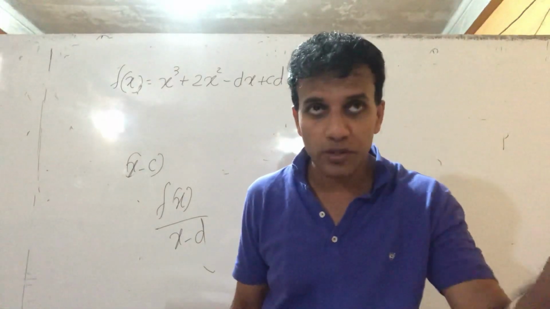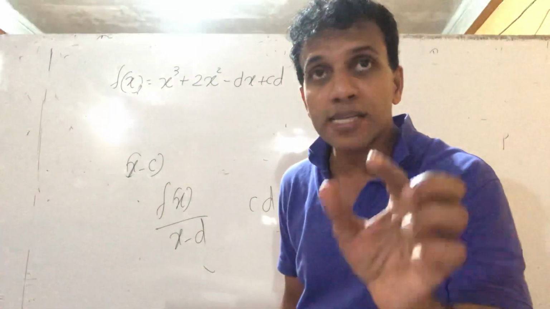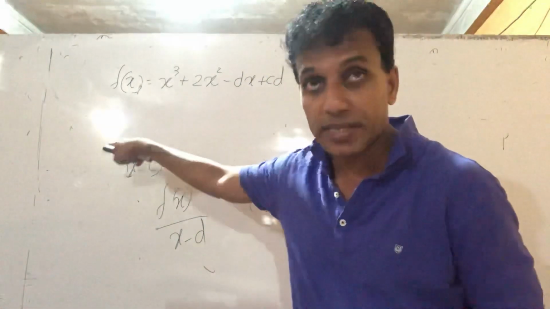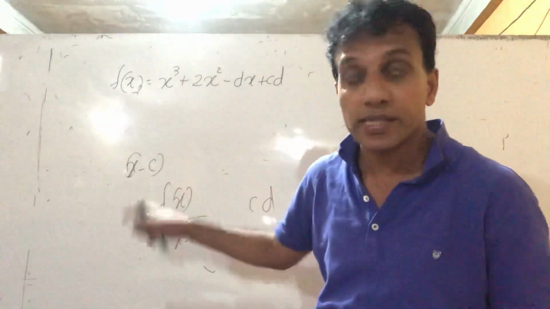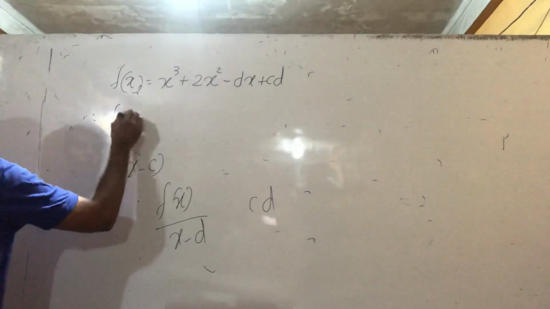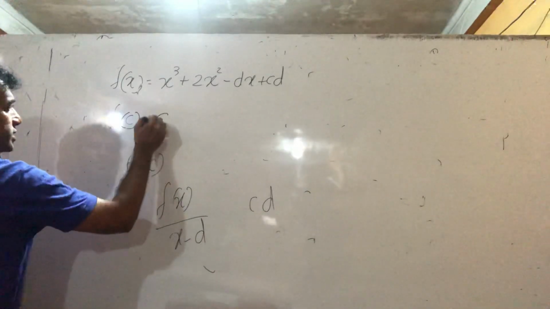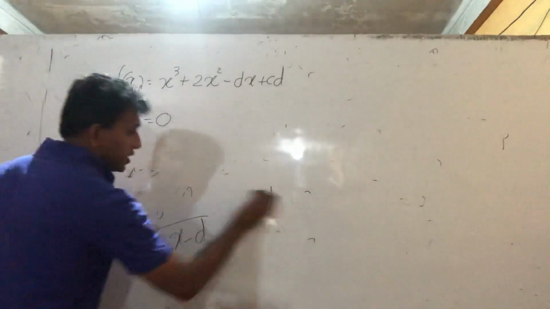That's what we worked on in the previous question. So here, x minus c is a factor of f(x). Therefore, f of c equals 0.